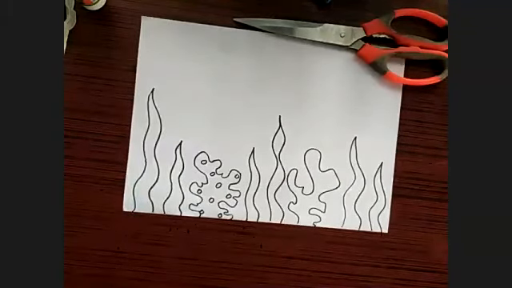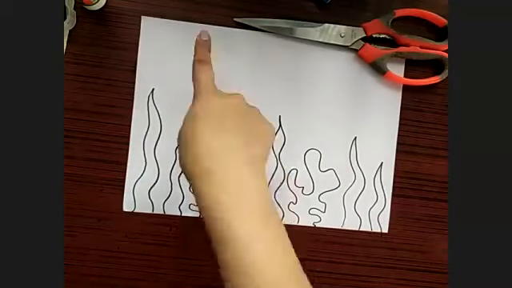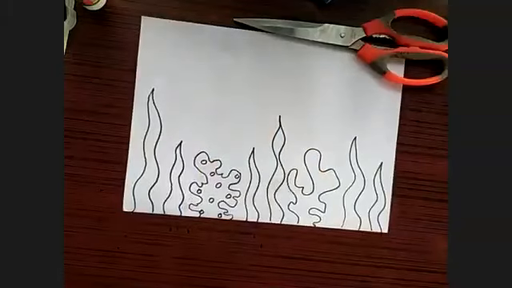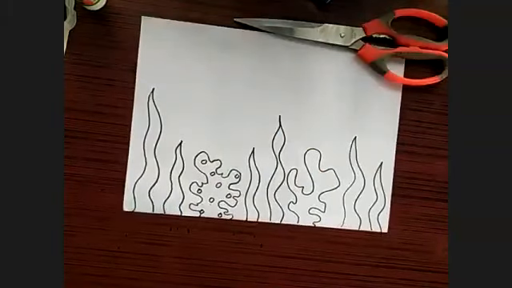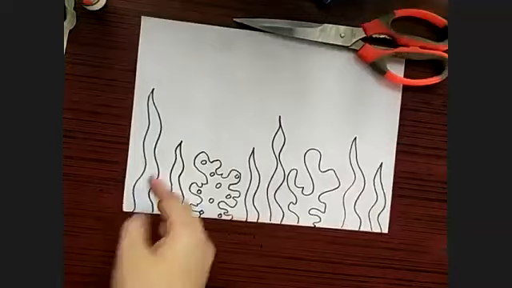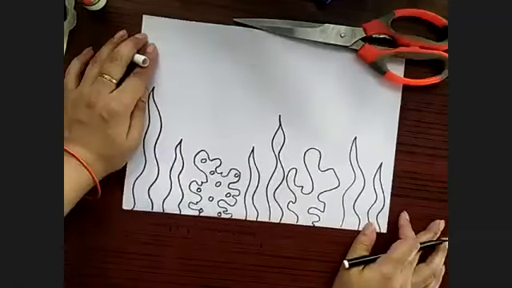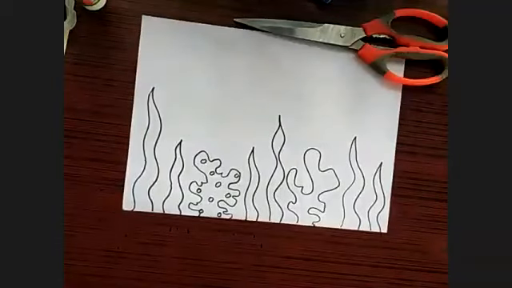Okay, and now after seaweeds, I'm going to use this area for aquatic animals, and because we are going to cut these drawings, you can use your whole area. So what if you want to make turtles, different kinds of fishes, starfishes, whatever you want to make, you can draw that.